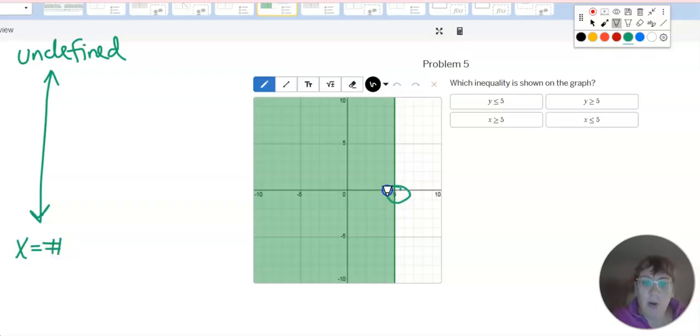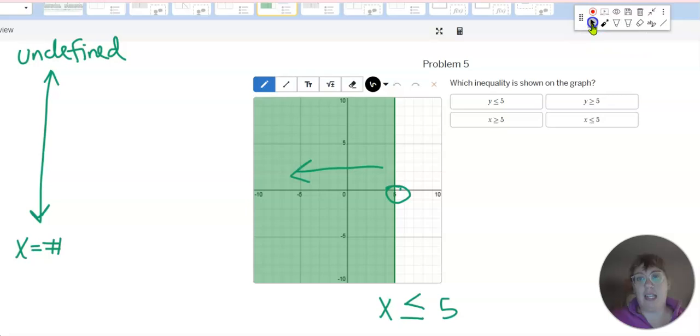So this goes through 5 on the x-axis, and it's solid, so it's going to have less than or equal to or greater than or equal to, and it's shaded all the x values that are less than or equal to 5. To the left is less than. There we go.